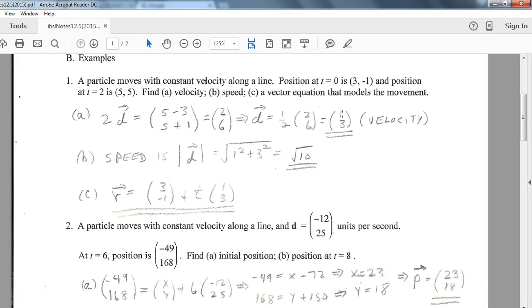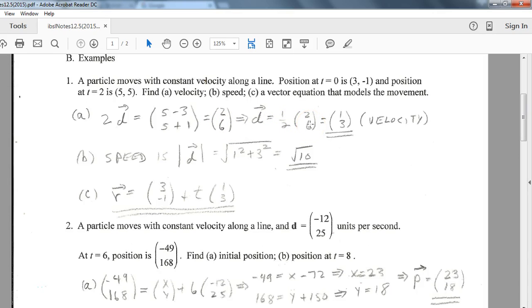Remember, we always want it in per unit of time. You wouldn't say I went 100 miles per 2 hours; you would break that down and say I traveled 50 miles per hour. That's the way we always break it down, per unit of time. It's the same thing here: we divide the distance we traveled by the amount of time we traveled to get it into a unit vector, like you're seeing right here. The same goes for the y value. You started at -1 and went to 5, so that's a total distance of 6 units over the course of 2 seconds.